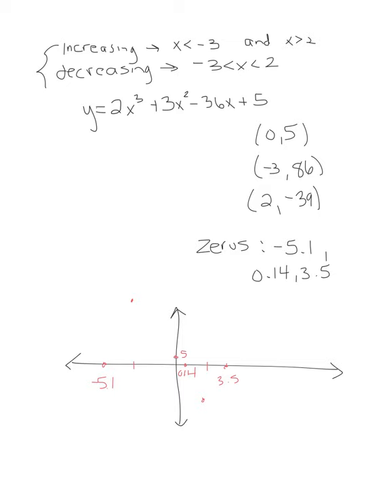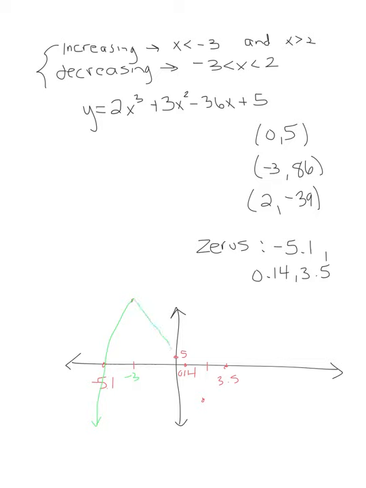We know that up until negative 3, our function is increasing. So it's going to start way down here. We know it has to go through this root, and it's going to be increasing up until we reach this maximum at negative 3. Between negative 3 and positive 2, this function is decreasing, so it's going to be going back down.